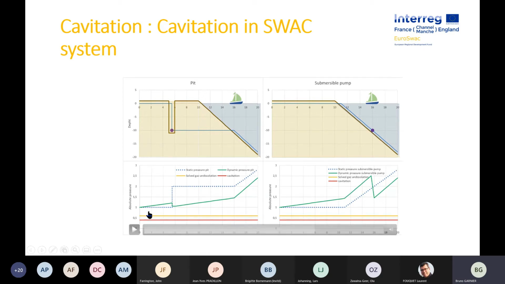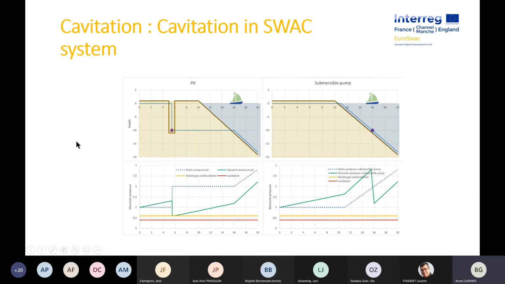And we can even now increase the speed of the water until the limit where the salt gas get undissolved.